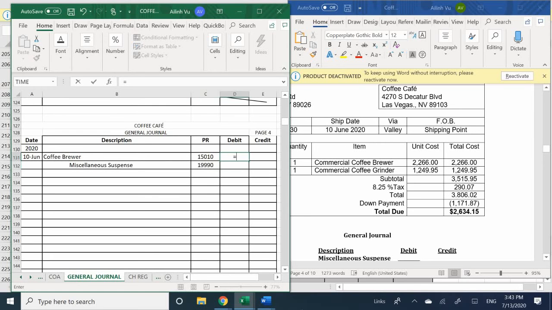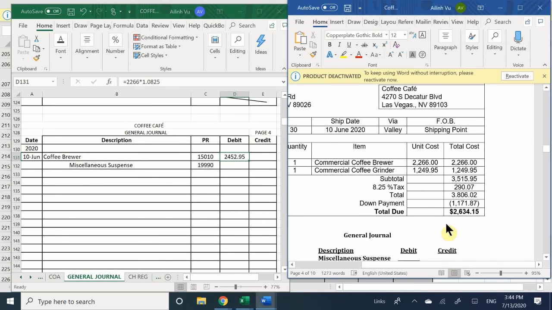So I know it's going to be 2266 times 1.0825, which is going to give me a total of $2,452.95. However, we don't stop there because we also have to split the freight charges. Okay?